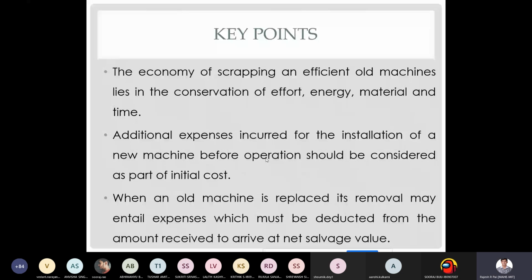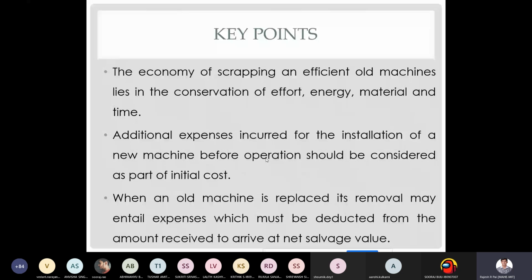In that case, some cost associated with that should be deducted from the salvage value to arrive at a net salvage value. Salvage value is what? Actually, the resale value of the equipment. So from the resale value, you are going to deduct the cost which is spent on removing the existing machine. Okay, so that will be the net salvage value.